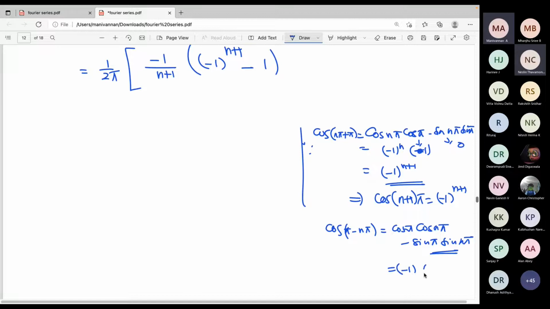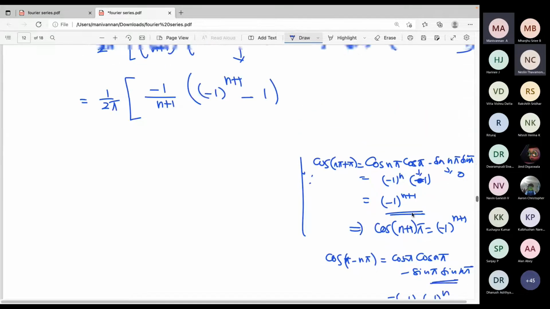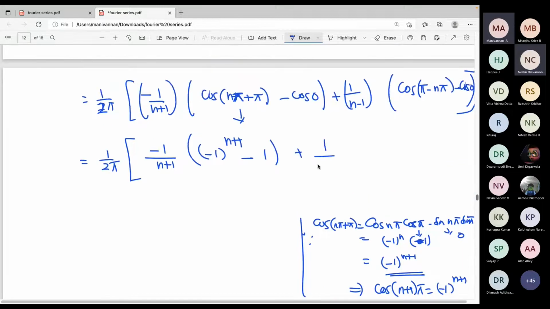This is minus 1 to the power n. This also minus 1 to the power n plus 1. So cos of 1 minus n into pi is also minus 1 to the power n plus 1. So 1 divided by n minus 1 into this minus 1 to the power n plus 1 minus 1. So this is the case here we are having.